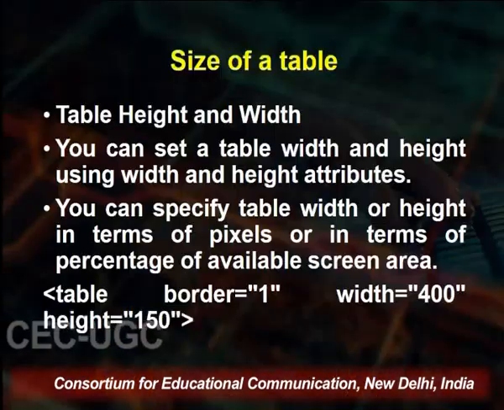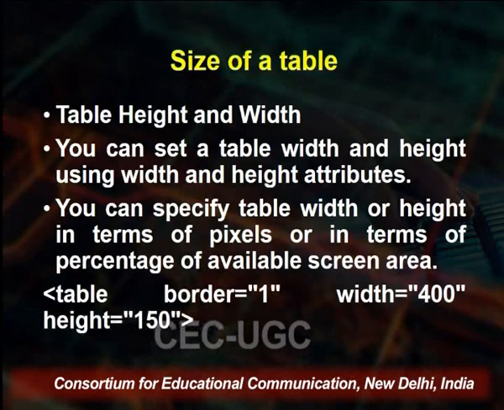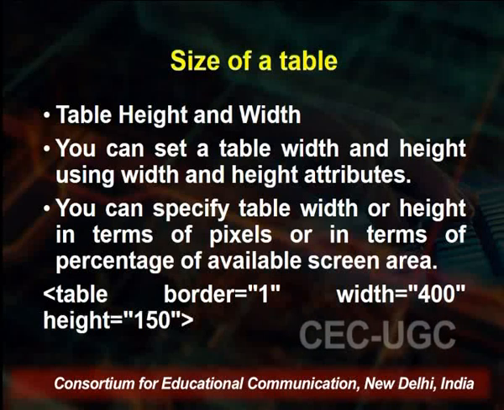Then you can also control the height and width of the table, that is the size of the table, right. How that can be done? For that we have the height and the width attributes of the table tag, right. So we can specify the height and width in terms of pixels, just like we had discussed in case of images, or you can define the height and width in terms of percentage of available screen area.